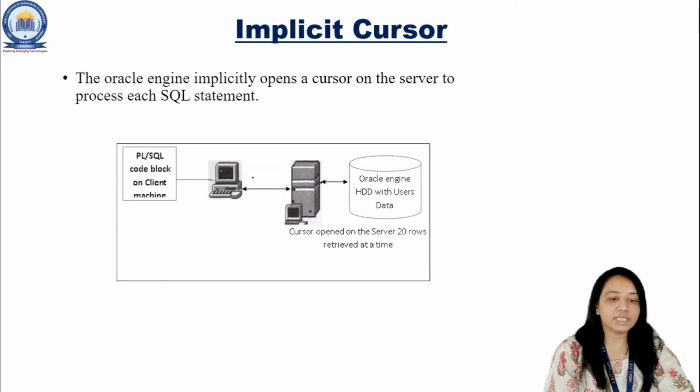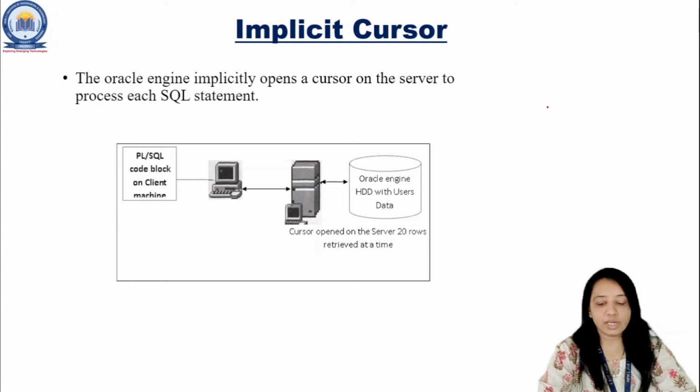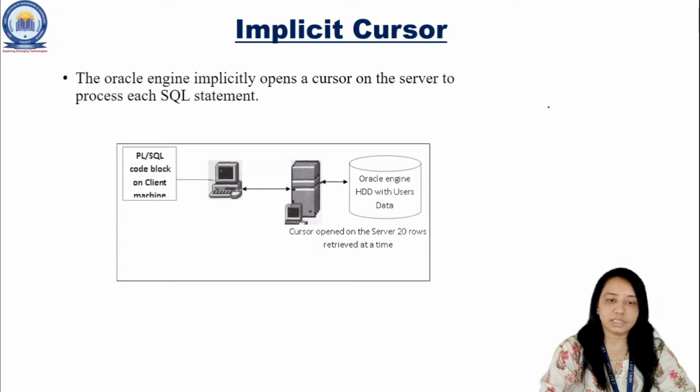Then it sends that query to the server, and the cursor fetches the data from the hard disk and is opened at the server side. Then you can do the processing of that data. So this is the main concept of the cursor.